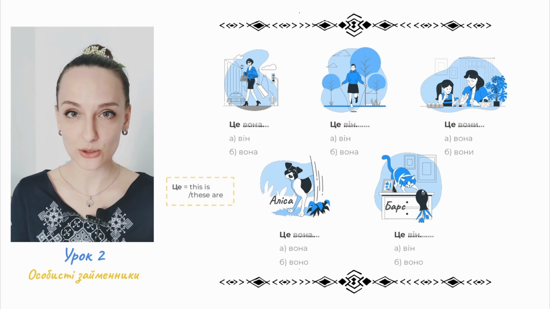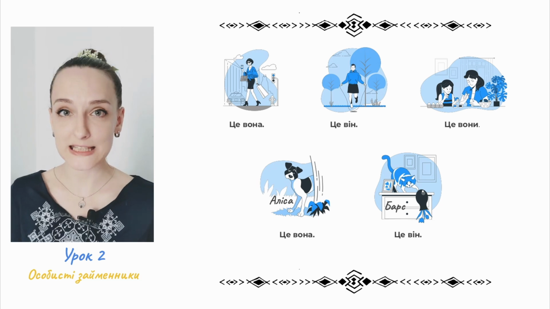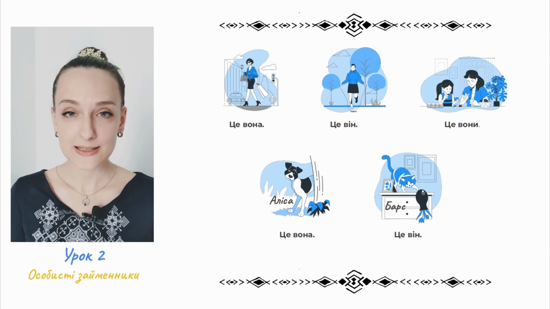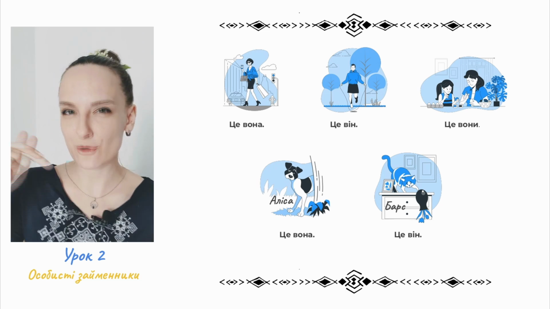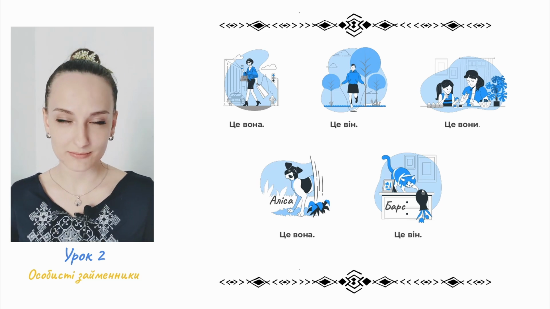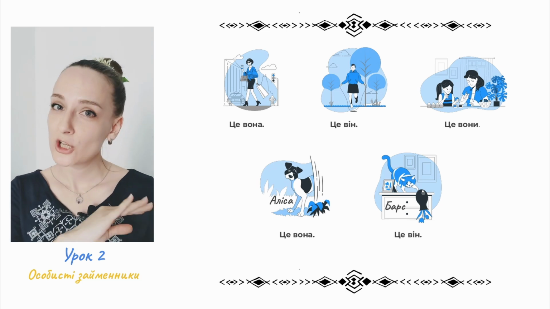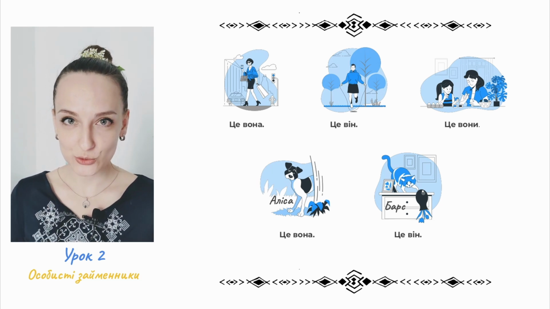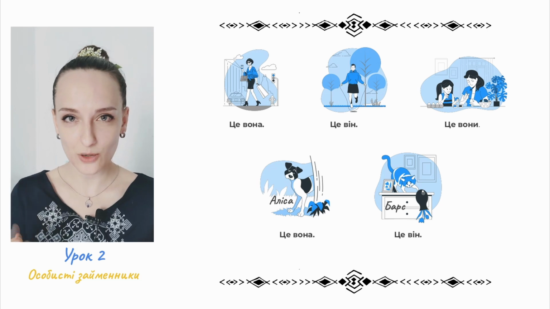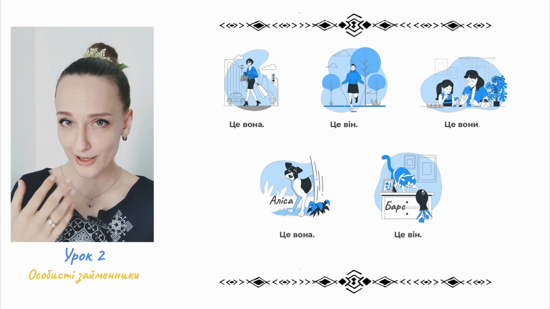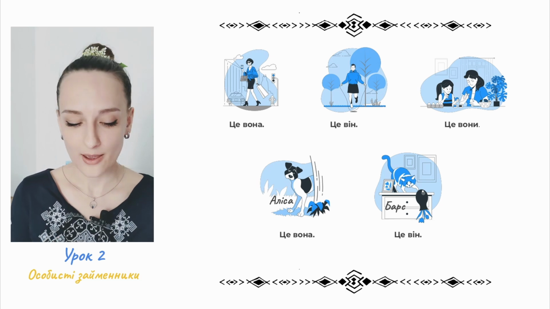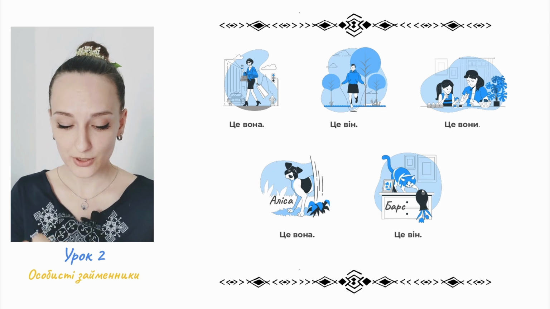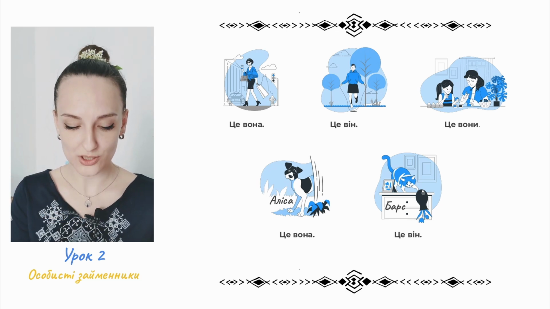I hope you have done it, so let's see. The correct answers are: це вона, це вона, це він, це вони, це вона і це він. If the first three pictures should not cause any problems or questions, the last two could. So how do I define that a dog is feminine and we use вона, and a cat is masculine and we use він? Because of the names that are written on the pictures.